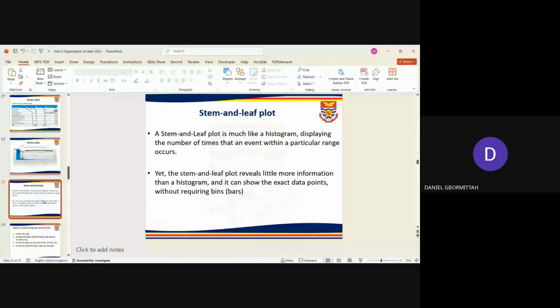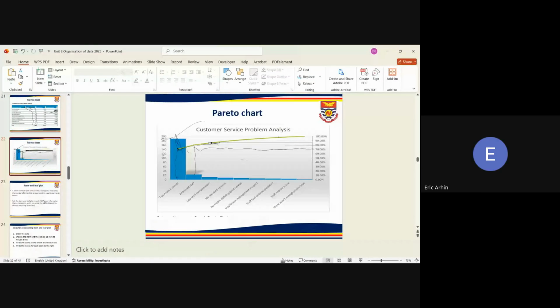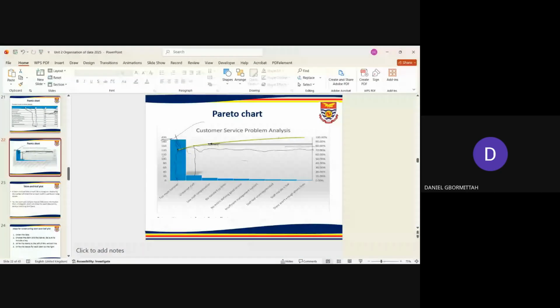So the next thing is the stem and leaf plots. Please, the Pareto chart. Sir, please, my hand is up. You ask your question. Sir, if I understand, it means that the curve that is there, we are going to use the cumulative percentage to draw that curve. Yes.